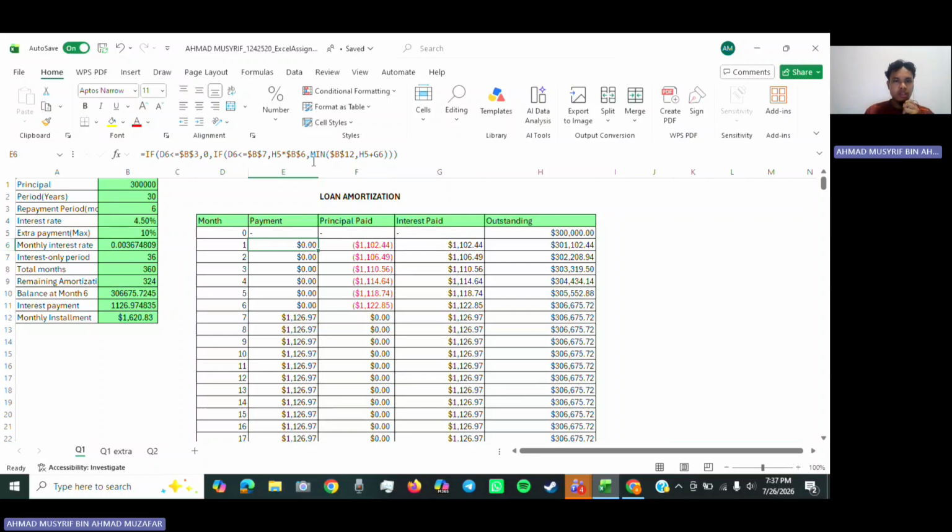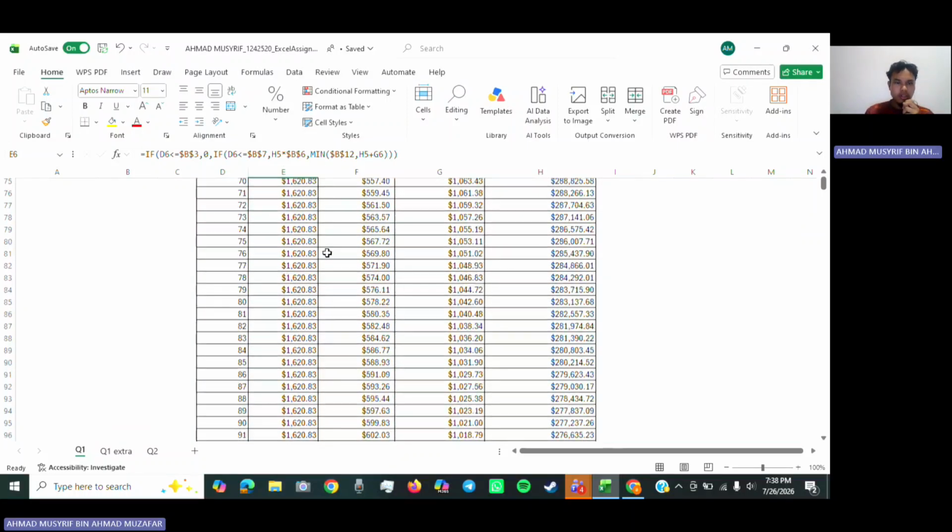If not, we use the formula MIN to find the minimum value. If the monthly installment is higher, it will take the other value, which is the previous outstanding balance plus the interest paid.